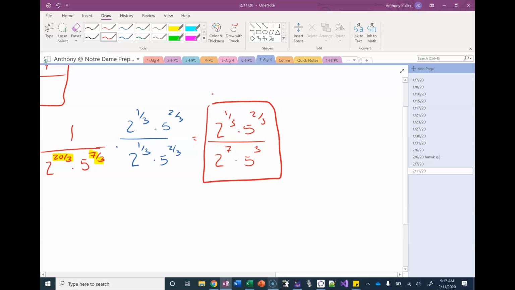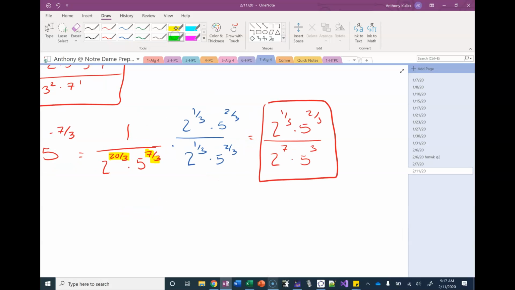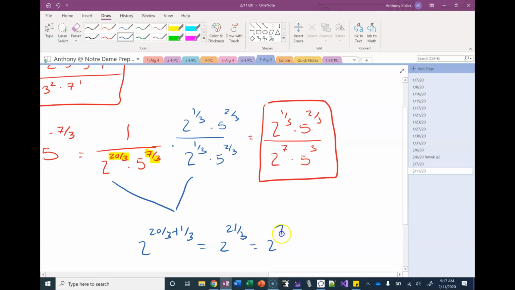Okay. So what this step is allowing me to do is, if I multiply these two together, I add their exponents, which is giving me no more fraction in my exponent. Can you see that?